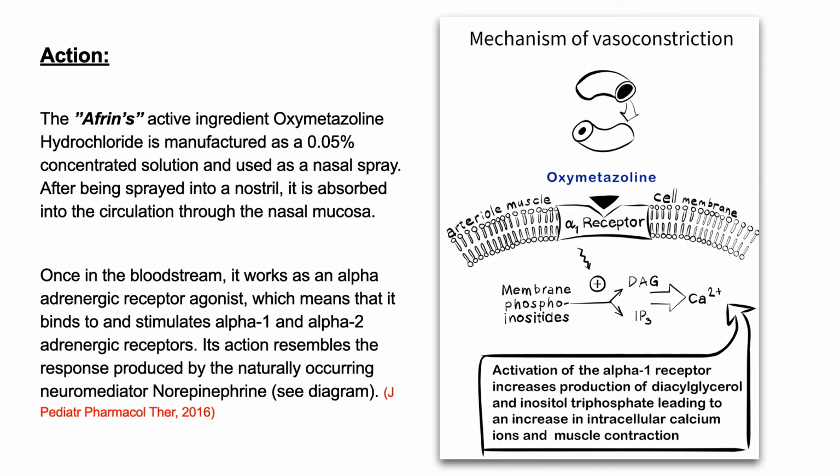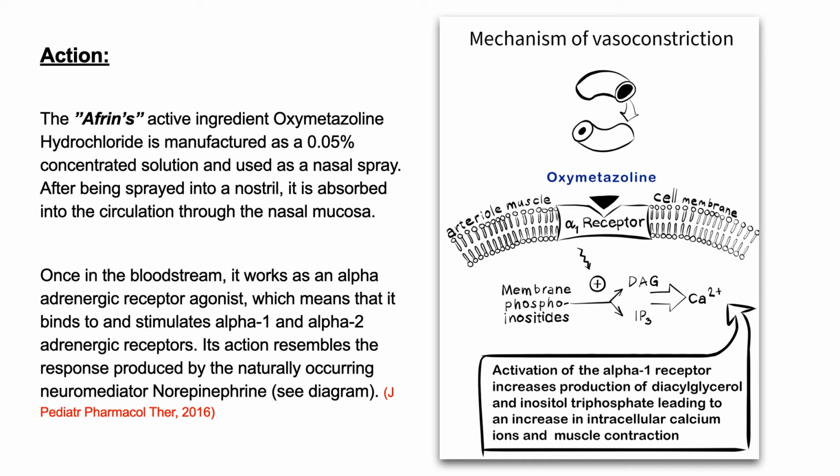Now let's move on to the action of Afrin, or the mechanism of vasoconstriction. The Afrin's active ingredient, oxymetazoline hydrochloride, is manufactured as a 0.05% concentrated solution and is used as a nasal mist, as we covered on the first slide. Basically, it's sprayed into the nostril and then is absorbed into circulation through the nasal mucosa.